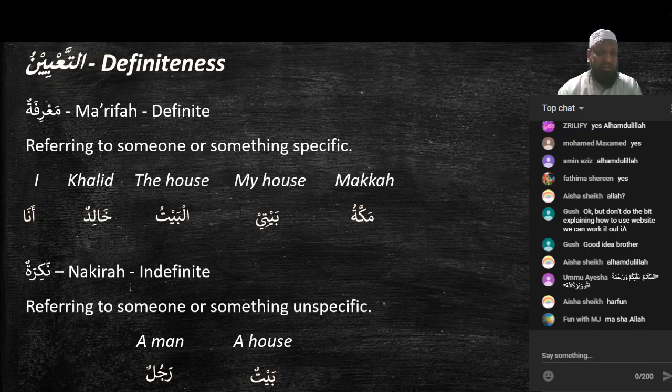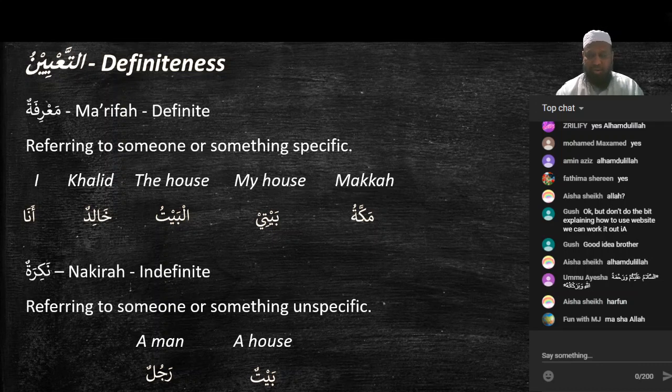And number four, التعيين, definiteness. Again, the ism, either it will be definite or the ism will be indefinite. If the ism is definite, it is called ma'rifatun, معرفة, definite. So معرفة isms referring to someone or something specific.